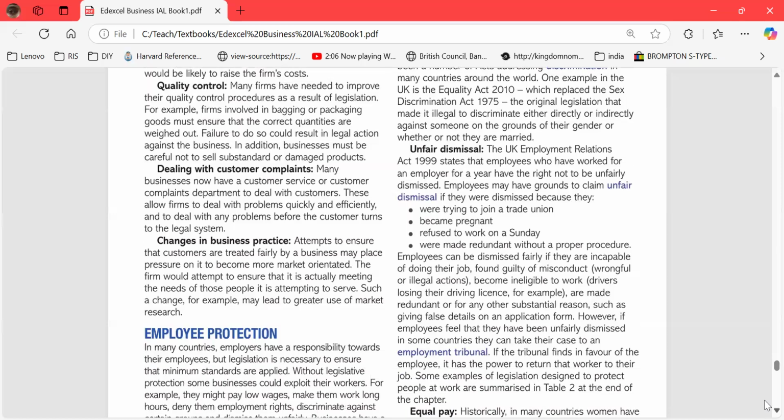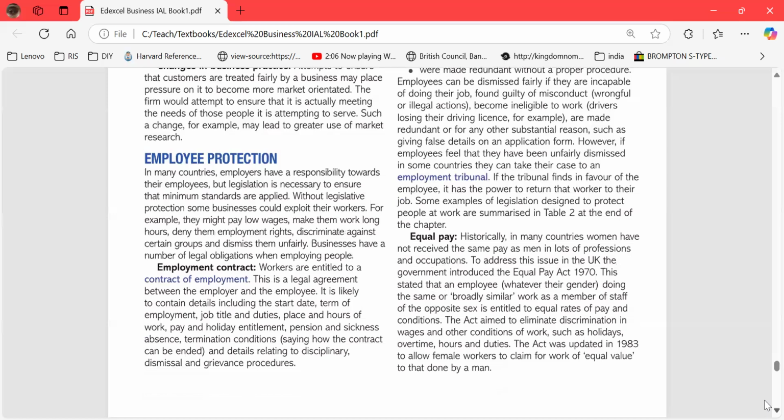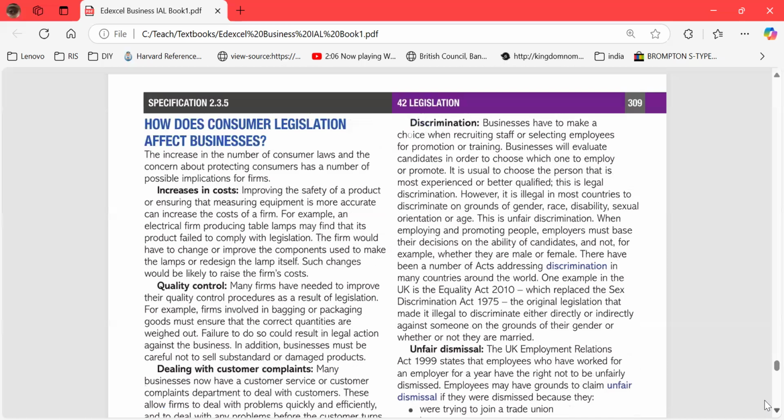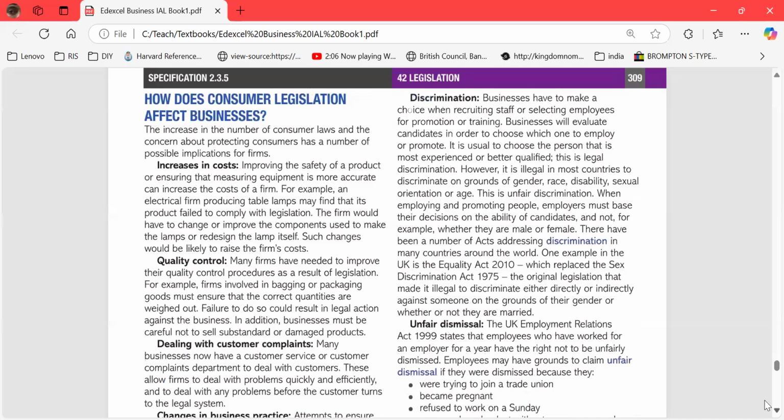So next is employee protection. Just like the consumers, employees also need protection, and there are proper laws for that. What kind of contracts will be there between the employer and the employees, it's written in the contract. There should not be any kind of discrimination in terms of gender or race or disability, or sexual orientation.